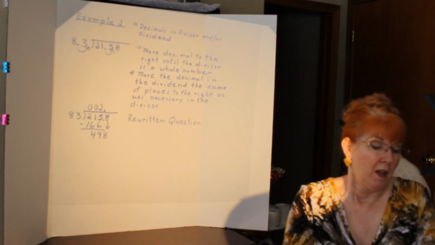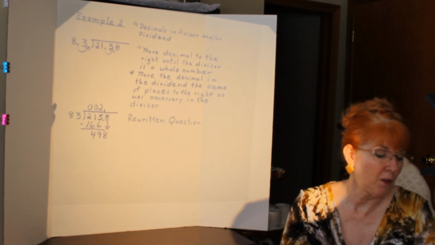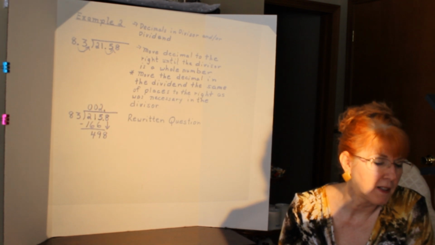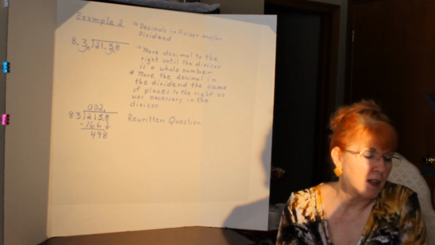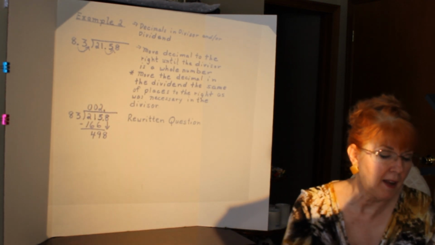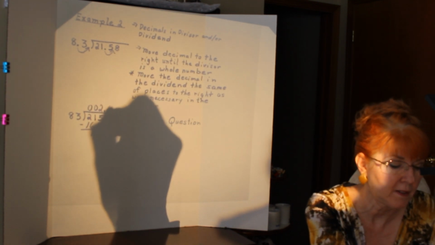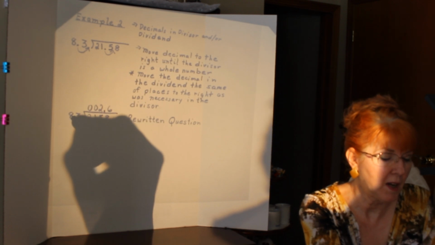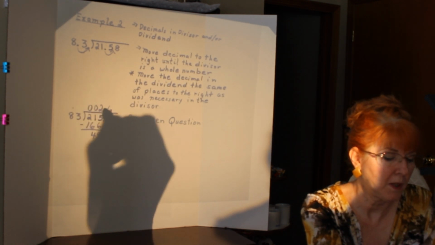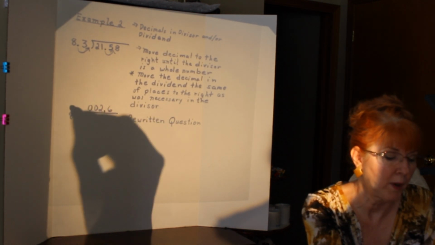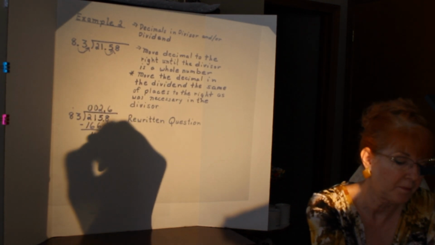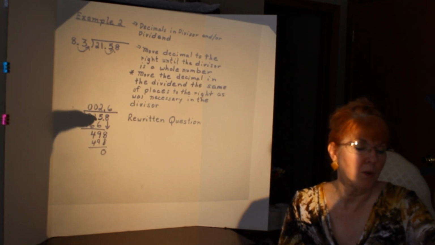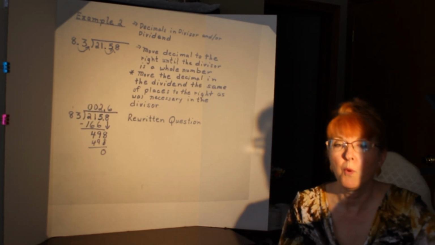How many 83s in 498? 6 times 3 is 18, and that ends in an 8, so let's try it. 6 times 3 is 18. 6 times 8 is 48, plus 1 is 49. 0. So 83 into 215.8 is 2.6.